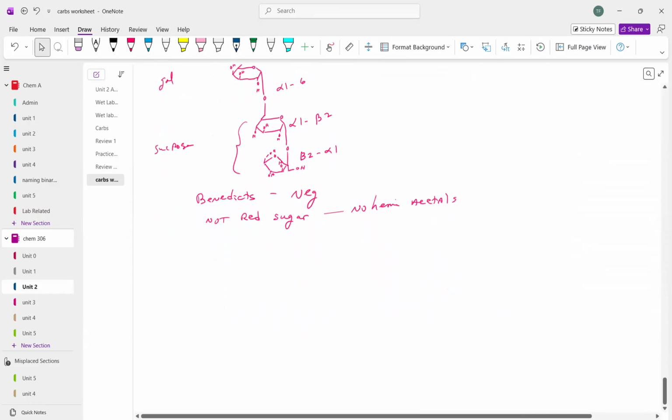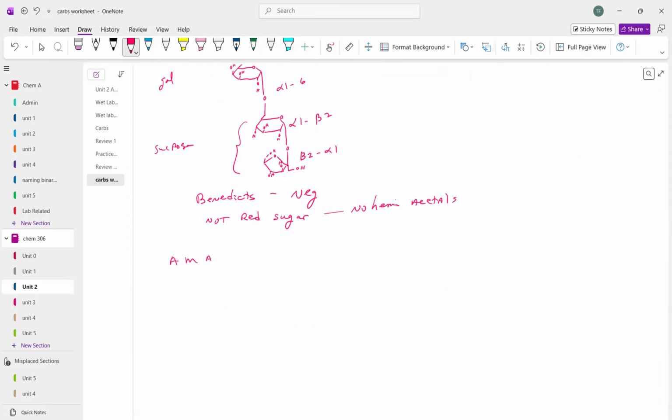Again, there are three polysaccharides. There's amylose.